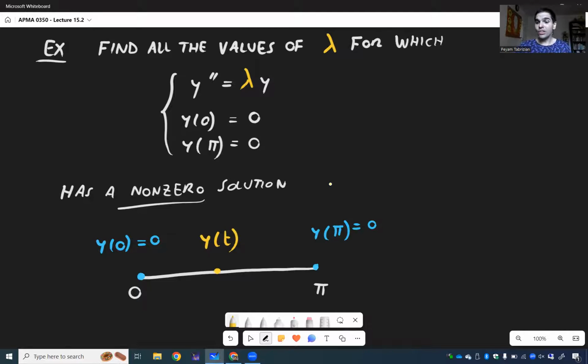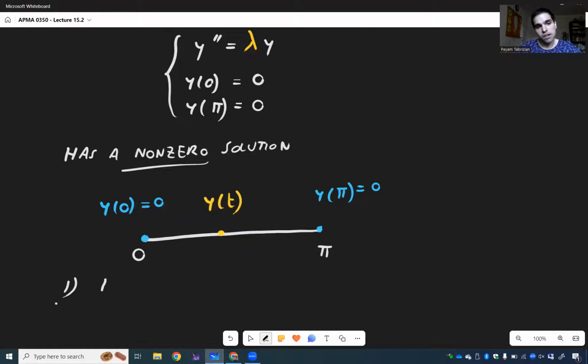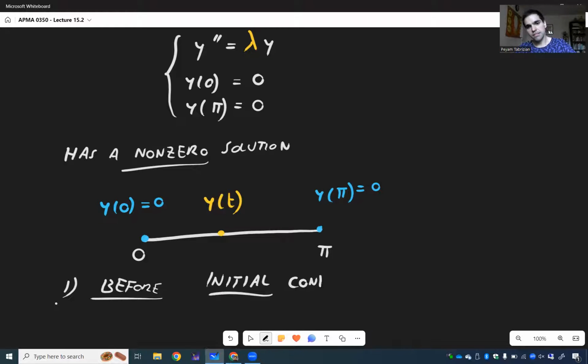Now, this is important to understand. Before, we had initial conditions where we specified the function and its derivatives. So before we had initial conditions, where we specified, I don't know, y of 0 equals 3 and y prime of 0 equals -4.